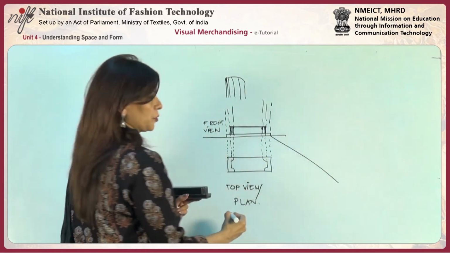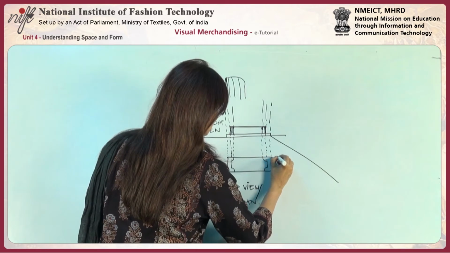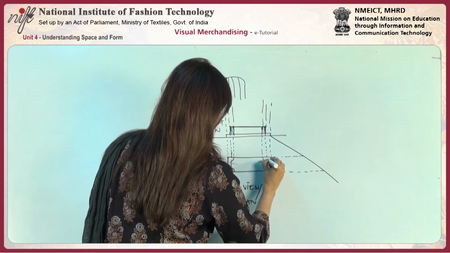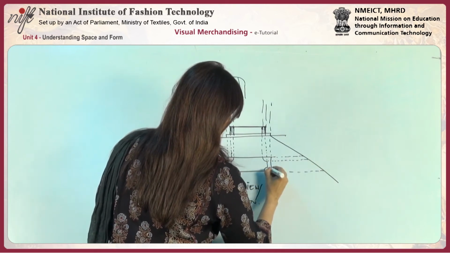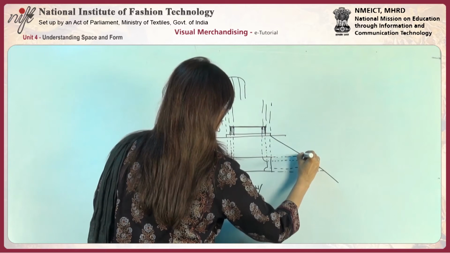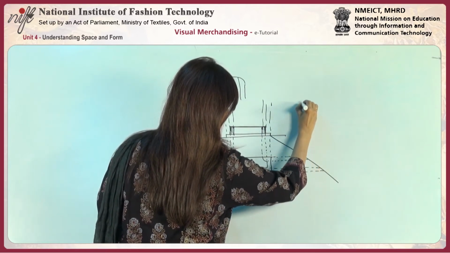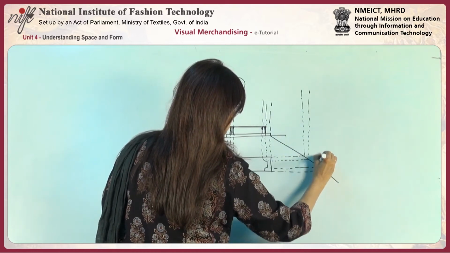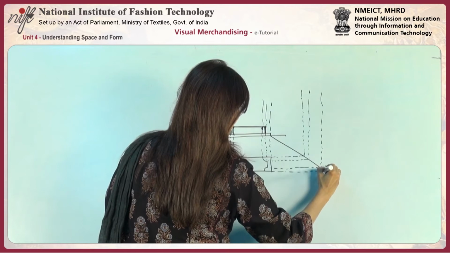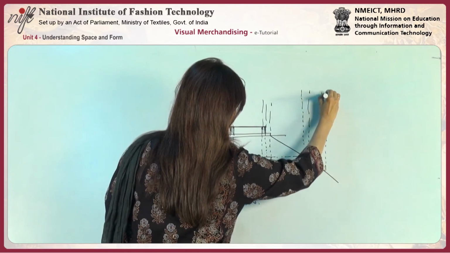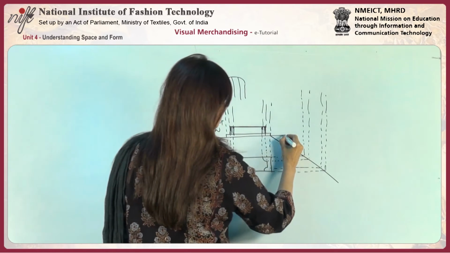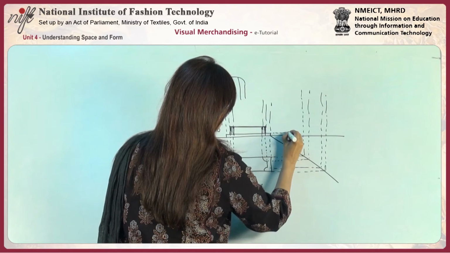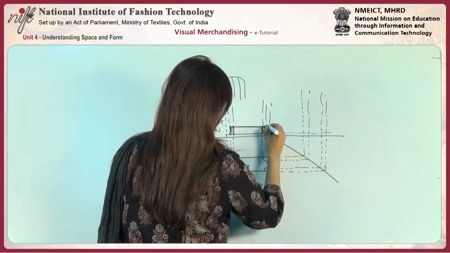So you draw a 45-degree line, take the projections from here onto the line, all the projections that are there, take the projections up, and the horizontal projections, or rather the vertical projections, would come from this side to give you the heights.